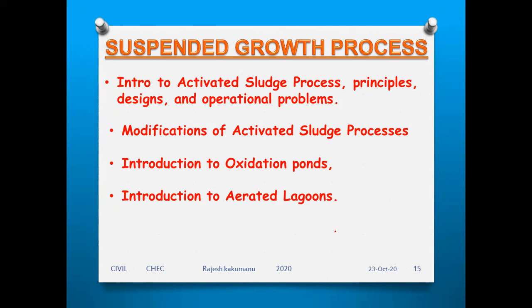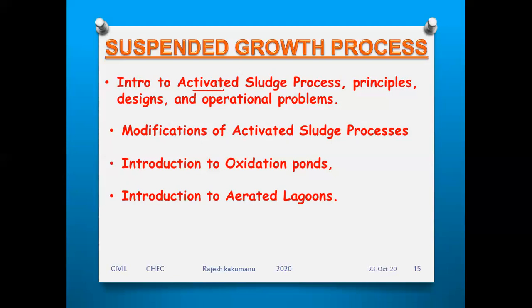In the suspended growth process, the topics to be discussed are the meaning of activated sludge process in the secondary treatment, the concept of activated sludge process, how the conventional activated sludge process has been designed and operated, what changes have been made for the latest versions of activated sludge process, and what the principles and design conditions are.